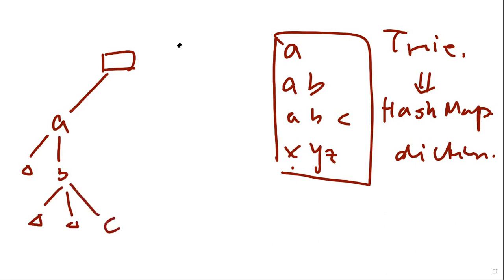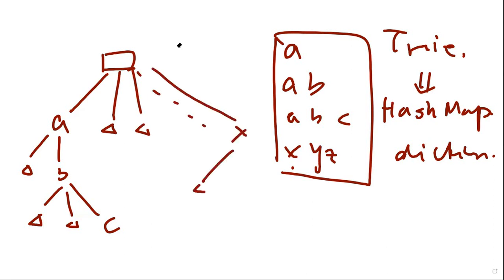And then for the other word, nothing until X, and then after X, nothing until Y, and then after Y, nothing until Z. So that's your tree, right?